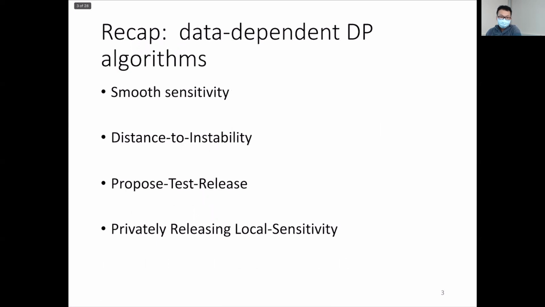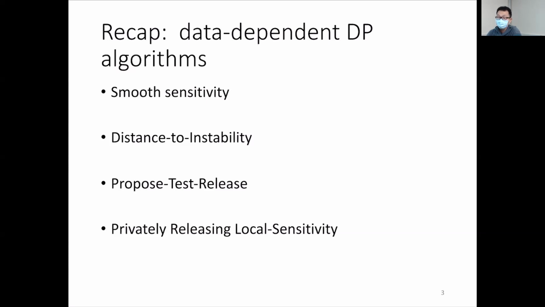Okay, so as a quick recap of the last lecture, we talked about data-dependent differentially private algorithms. In the past 2 lectures, we started with the smooth sensitivity, which is to find a smooth upper bound of the local sensitivity and then add noise according to this quantity, so that it's smoothened across the neighboring data sets, to the point that when you add a different noise for different data sets, and if the 2 data sets are similar to each other, the standard deviation of the noise that you add is not going to differ that much.